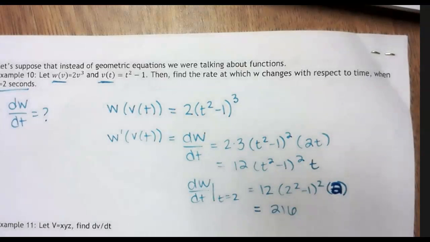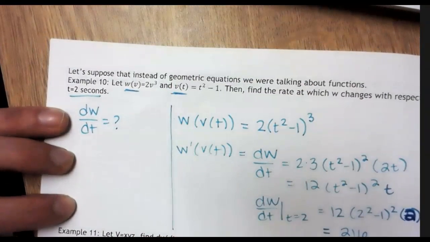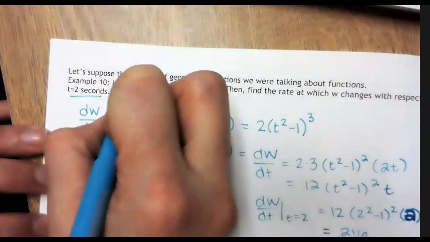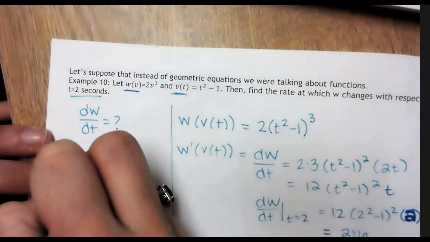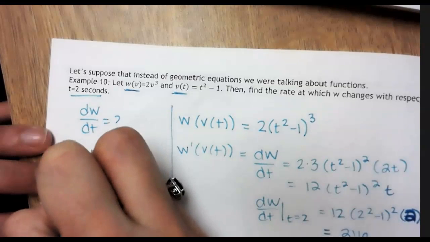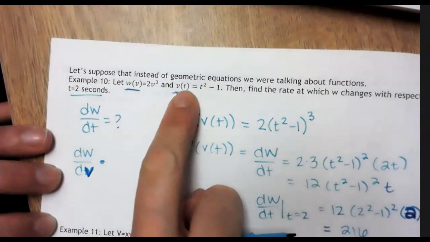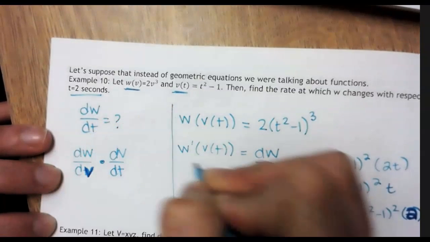So the way we did this was using function composition. If you wanted to think of this as a related rate, then what you could have done as an alternative is dw/dt. Well, if you took the derivative of w of v, that would be dw/dv. And if you took the derivative of v of t, that would be dv/dt.